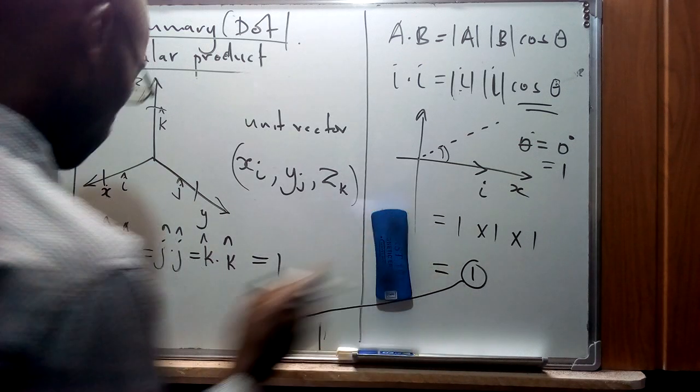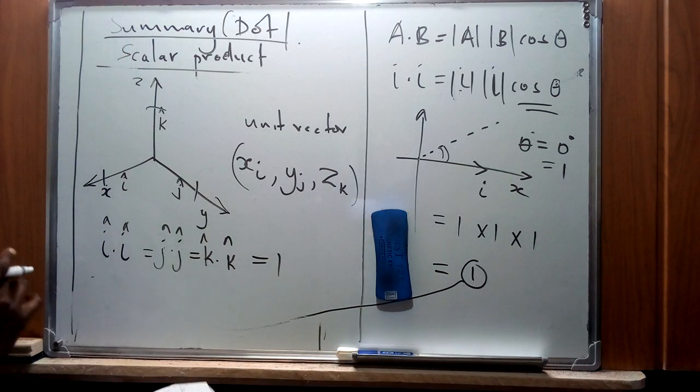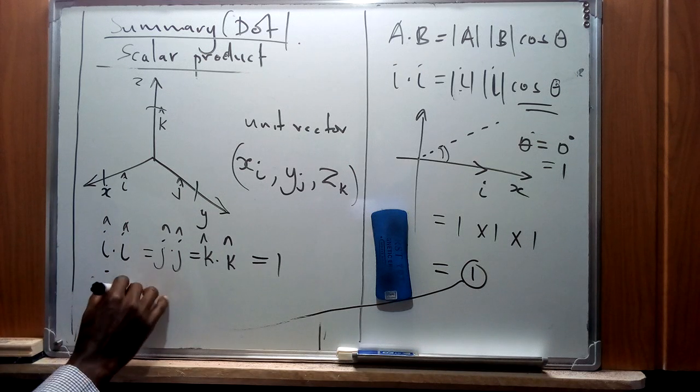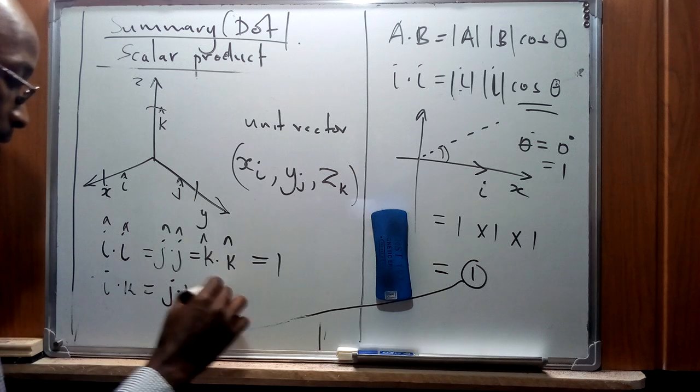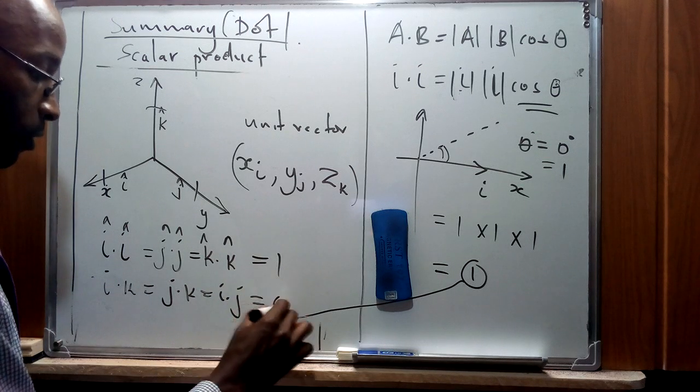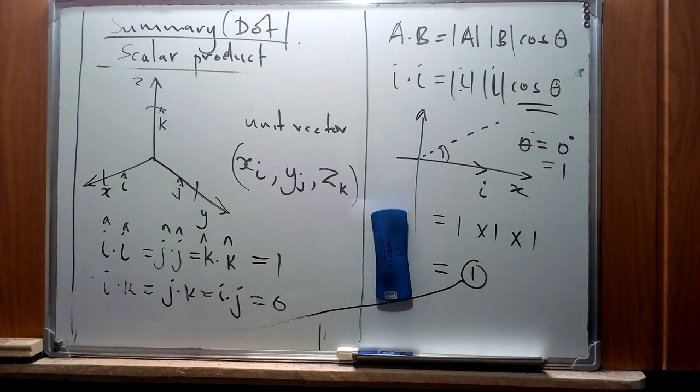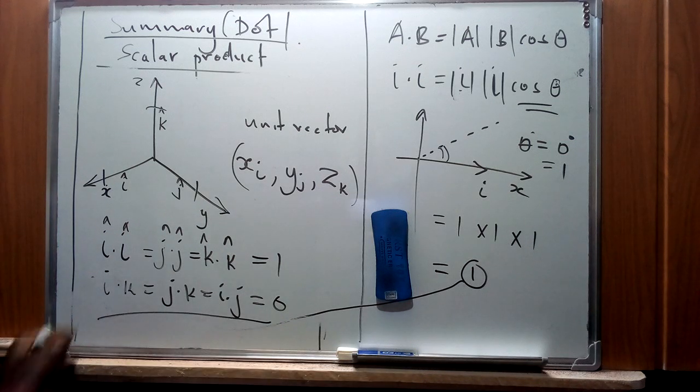But for the dot product of these different components, that is either i, k, or j, k, or i, j, this is going to give us 0. And of course, we have talked about the concept of orthogonal, which is 90 degrees.